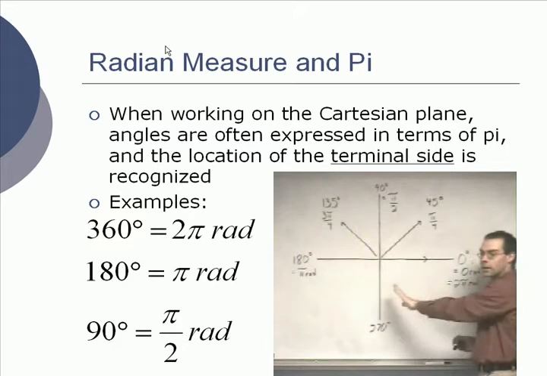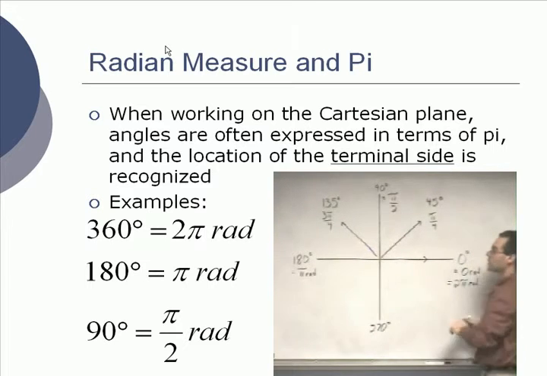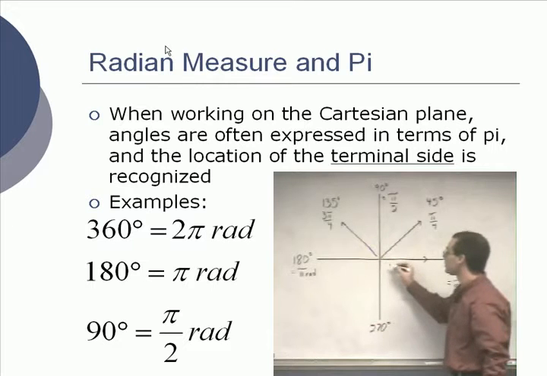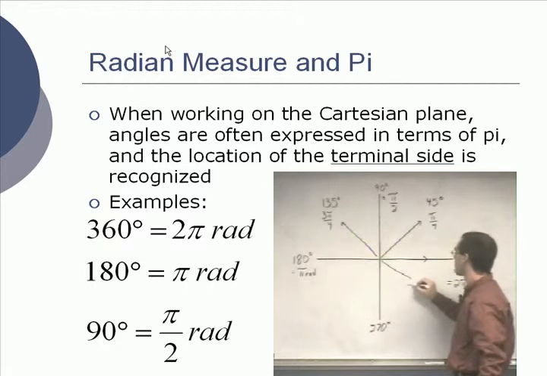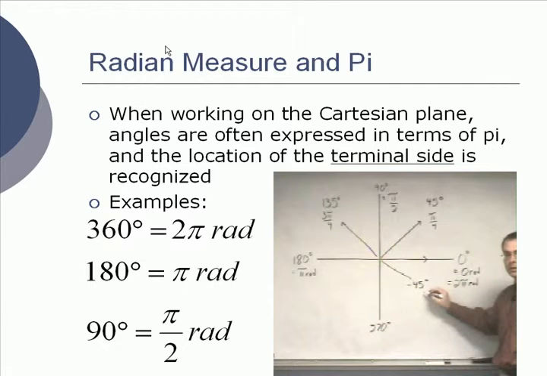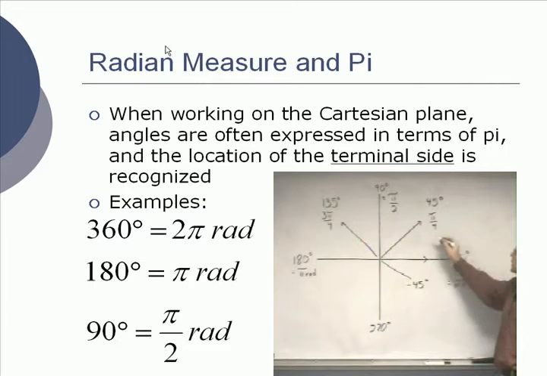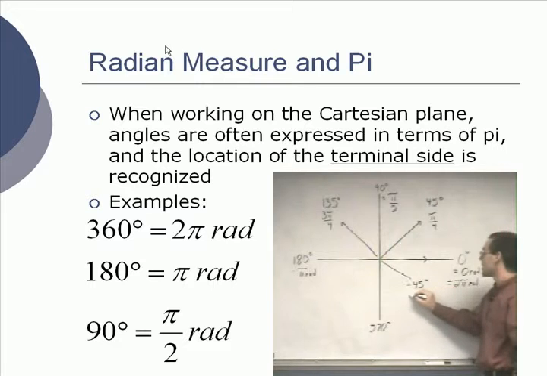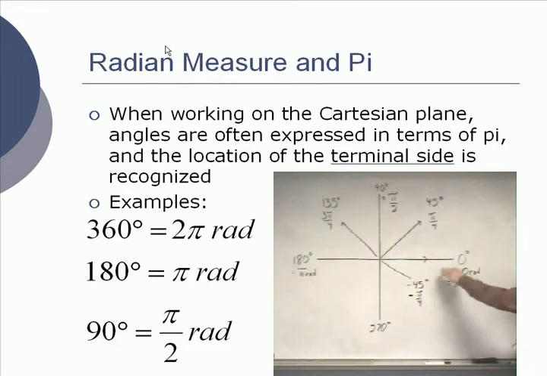Negative means we rotate clockwise. And so if we had an angle of negative 45 degrees, we'd be right down here. And how many radians would this be? If we go in the negative direction, it's negative pi over 4. Or in other words, 2 pi, which is a full revolution, minus pi over 4, which would be 7/4 pi.